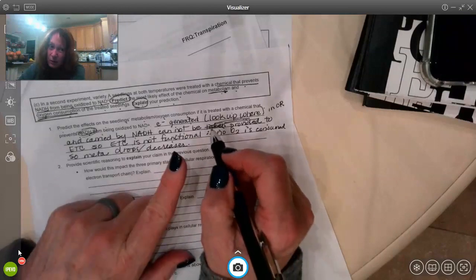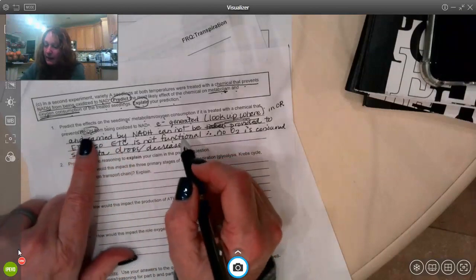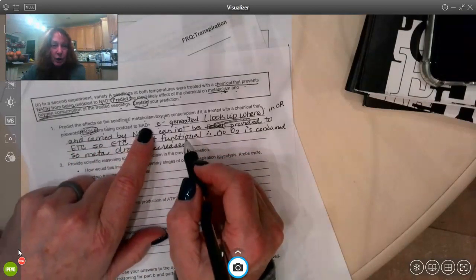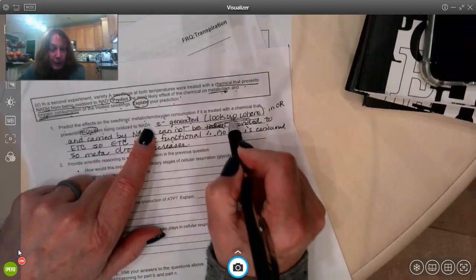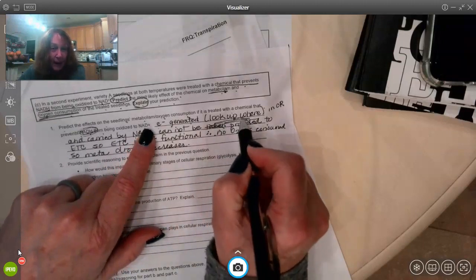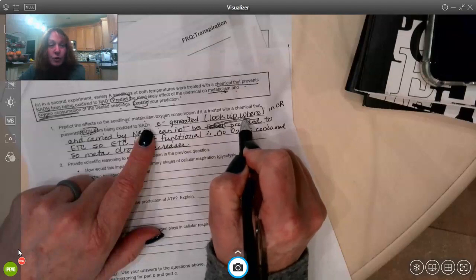Also, you want to be truthful. If you are not able to regenerate NAD, these places where I'm telling you to go back and look up, those processes shut down too.